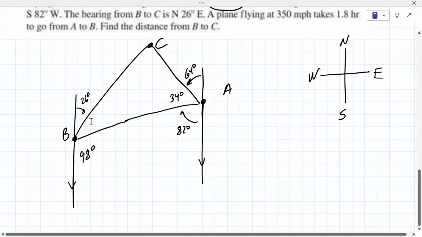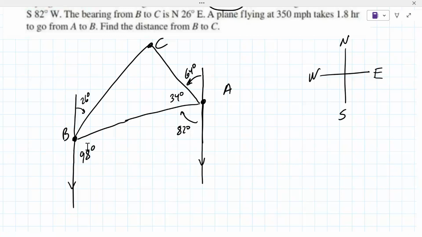So now we can do the same thing to find this missing angle. Could you find that one for us, please? 56. 56.